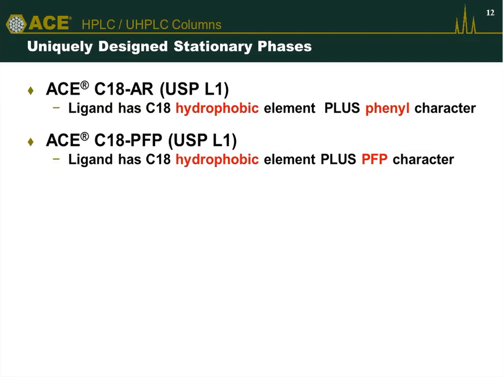The C18AR and the C18PFB are individual ligands that are chemically synthesized and then attached to silica through the siloxane bond in a single step, which is then end capped and packed into columns. So this is not a physical mixture of two stationary phases. It's a single unique ligand, each of them are single unique ligands.